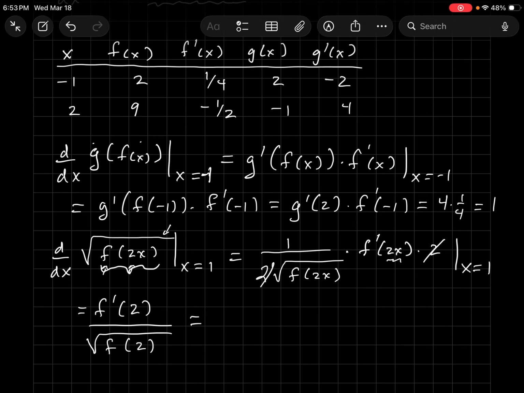Now we can plug in. F prime of 2 is negative 1/2. F of 2 is 9, so the square root of 9. And simplifying, we get negative 1/2 over 3, and I'll put over 1 like that, so that when I flip the denominator and multiply, I get the correct answer, being negative 1/6.